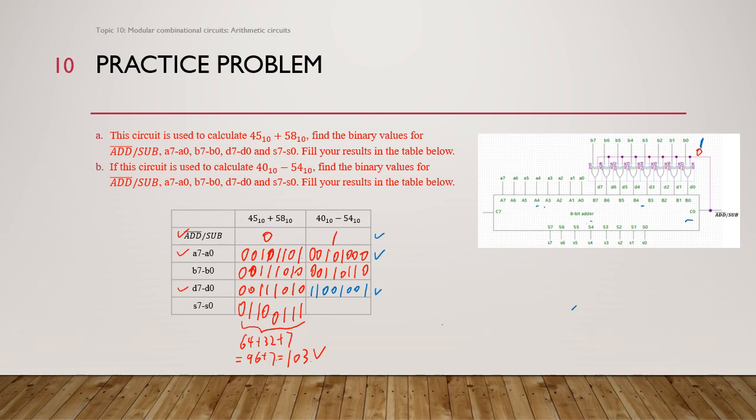So 1 plus 0 plus 1, we get a carry. So 0 plus 0, don't forget the carry. And we got 0, we got 0, we got one here, one here, one here, one here. So the result is equal to that.